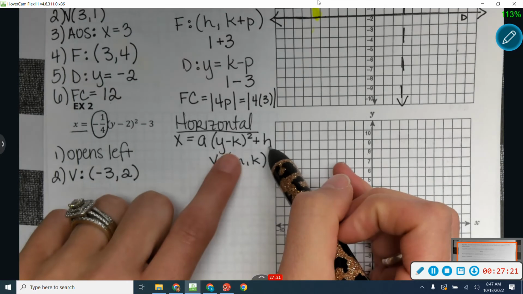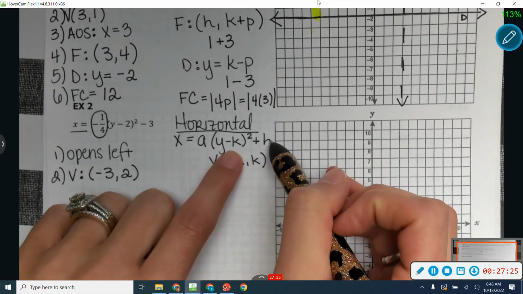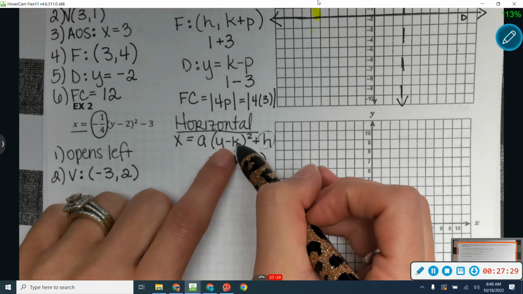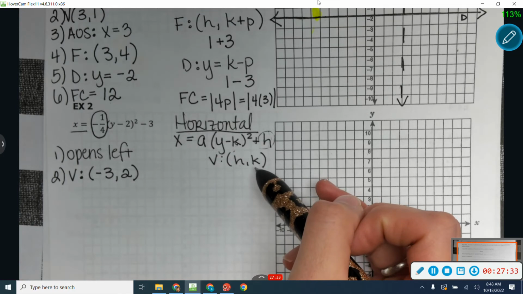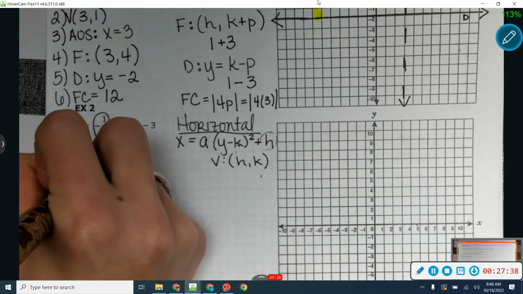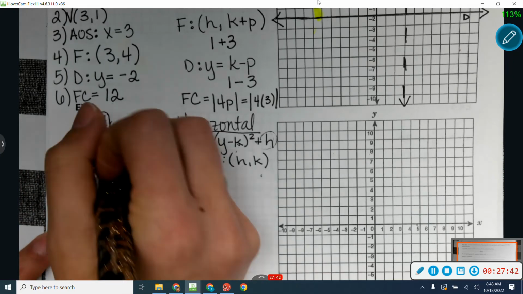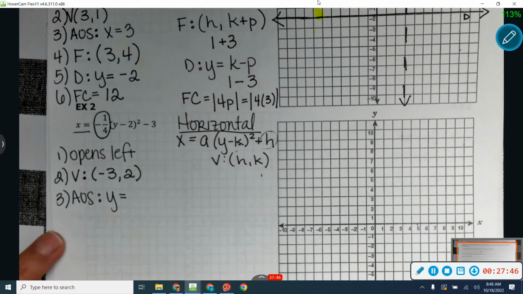Okay, because if you look at what your vertex form is, my h is over here, and my k is what's inside parentheses with the y, so I have to change the signs. You have to be careful with that, okay? So then my axis of symmetry for horizontal is y equals my k value. What's my k value? 2.